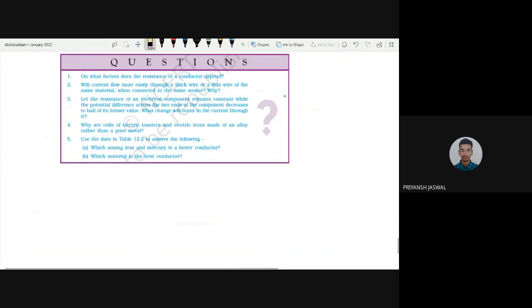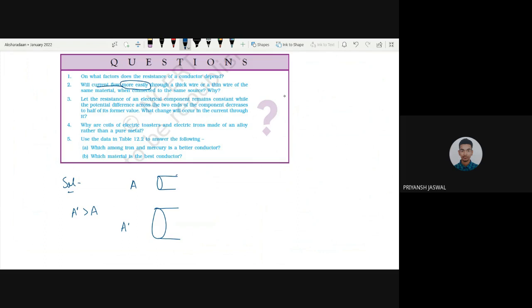So we have two wires. One of them is thicker than the other, that is, the area of cross section is greater. Say the area of cross section here is A prime and here is A. So the thicker wire will have greater cross sectional area. Now they have asked from which one the current flows more easily.